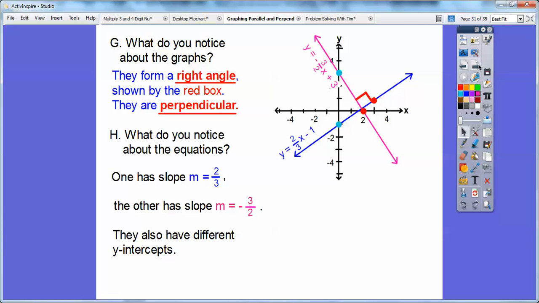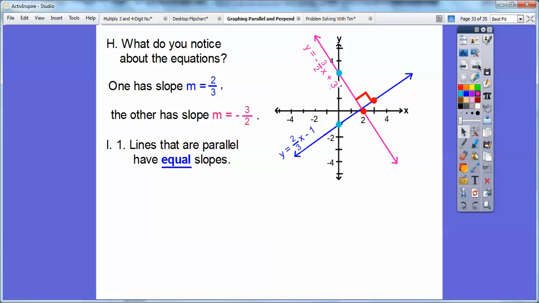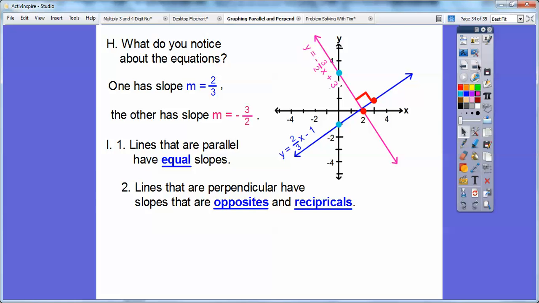So what we're going to say is this: lines that are parallel have equal slopes, and lines that are perpendicular have to be opposite reciprocals of each other. Reciprocal means to just flip it. So this is a positive 2/3, and this is a -3/2.